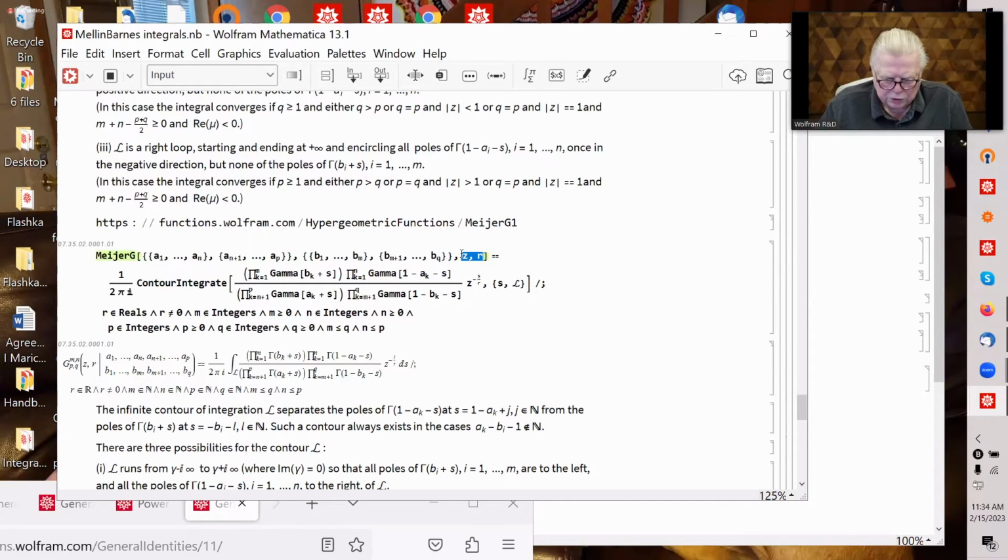I introduced it for use. Why did it happen? An additional parameter R I introduced.